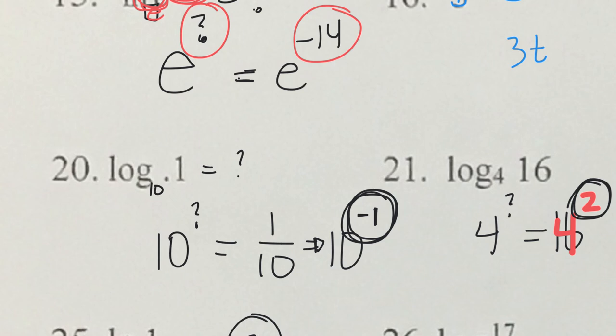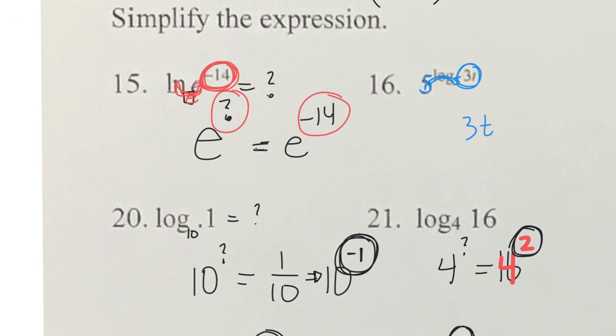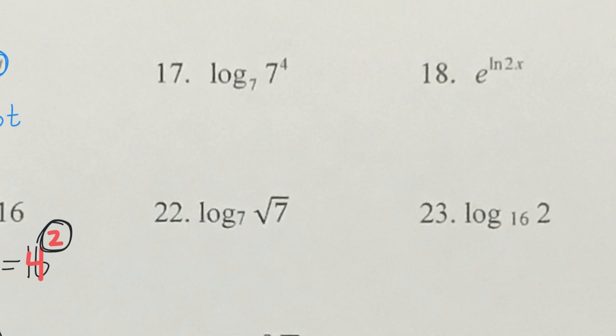Okay, 26, remember this is log base e, so our bases are the same, right? E and e are the same, and the answer is your exponent. So all of these are thinking problems. You have to think about what is the exponent going to be in order to make this true. Okay, 17 uses that same property, or that same principle.